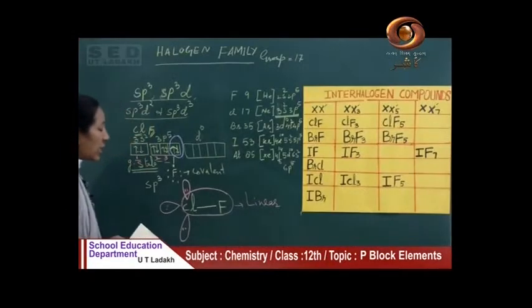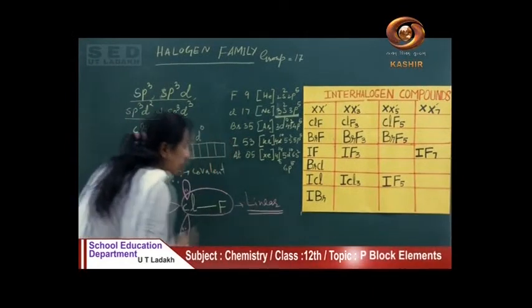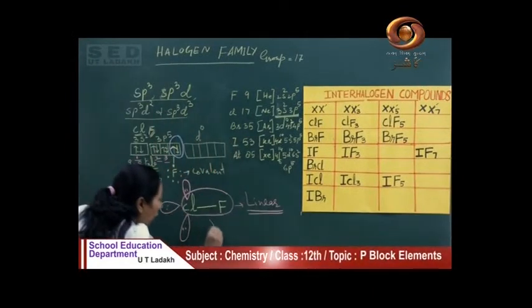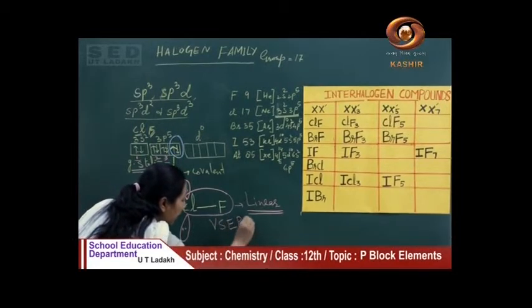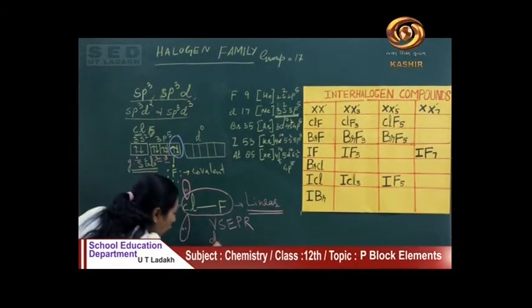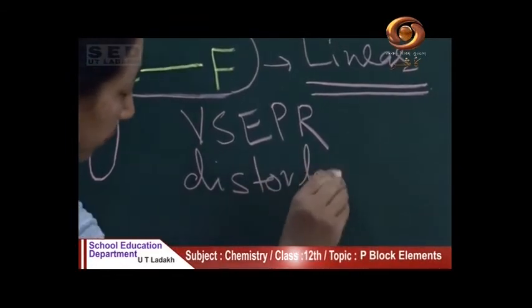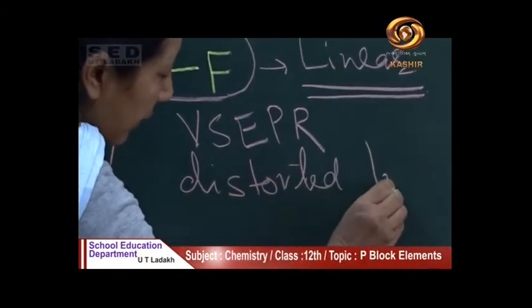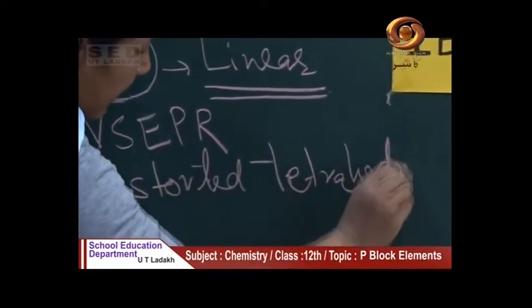According to the VSEPR model, valence shell electron pair repulsion theory, its structure is distorted tetrahedral.